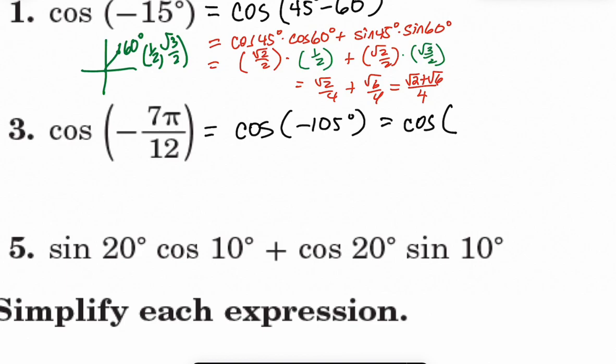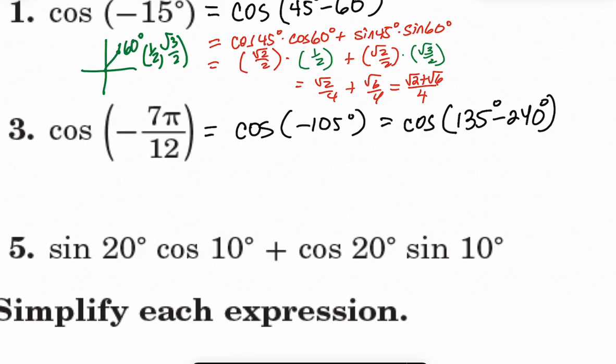Oh, here we go. 105, or I'm sorry, 135 minus 240. Aren't those both measures on our unit circle? Oh, there's tons. There's more than one answer. Let's just stick with the answer I figured out.